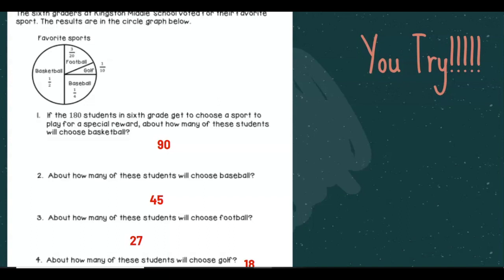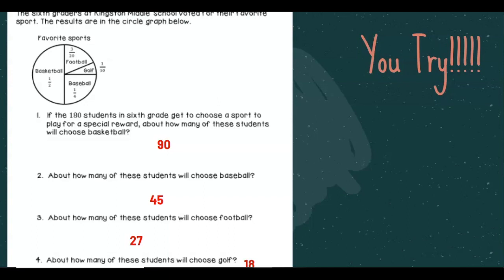And then for the last one, golf had a numerator of 1 and a denominator of 10. So we'll take 180 and divide it by 10 to get 18, which is pretty straightforward.